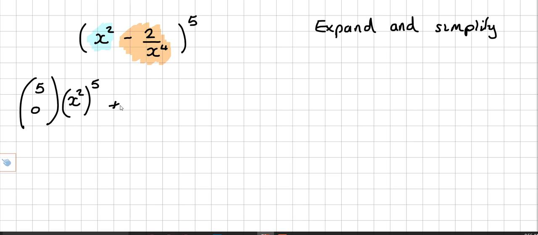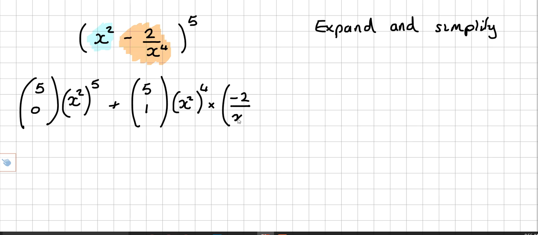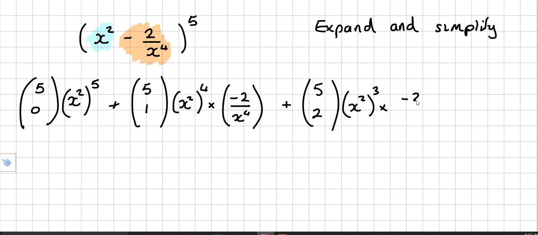And then we add 5, 1, and we've got x squared to the power of 4, and then we have to multiply by minus 2 over x to the power of 4, plus 5, 2, x squared to the power of 3 multiplied by minus 2 over x to the power of 4 squared, and so on.